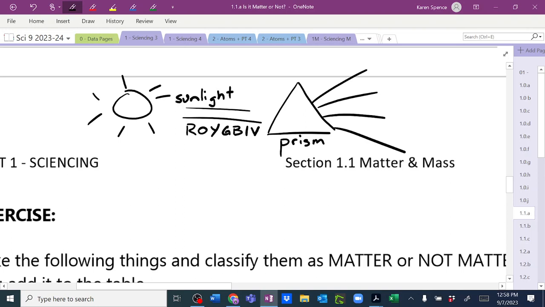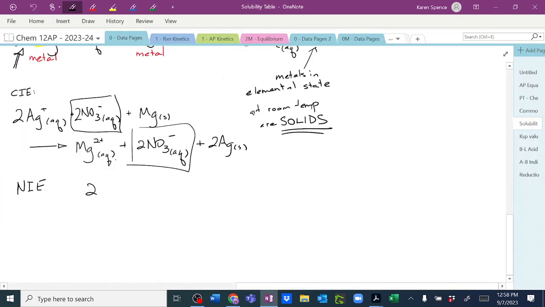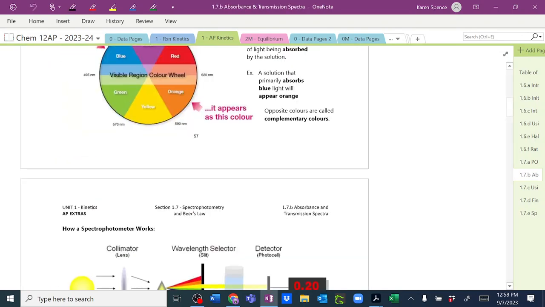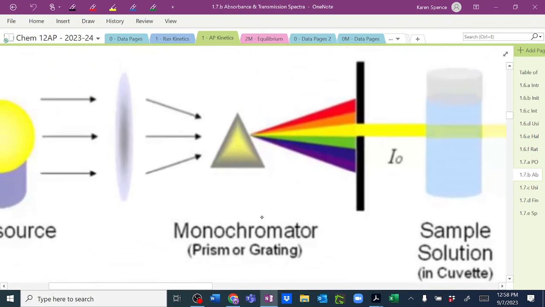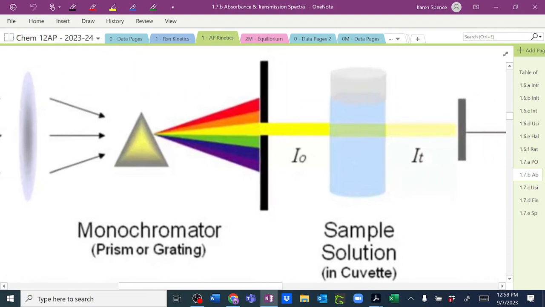I was just doing some stuff with my other class where we have a lovely picture of it. Look, here we go. Here we have some light. This could be the sun. And when you put it through a prism, it splits it into red, orange, yellow, green, blue, indigo, violet.